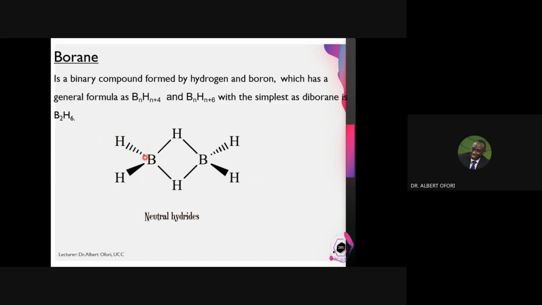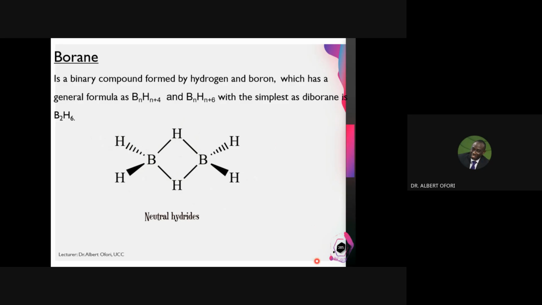Between the terminals, these are just 2 centers, but 2 electrons. So the terminal bonding are just 2 centers, 2 electrons. But then in the internal ones, we can have 3 center, 2 electrons, whether it is a closed borane or just the open boranes as well.